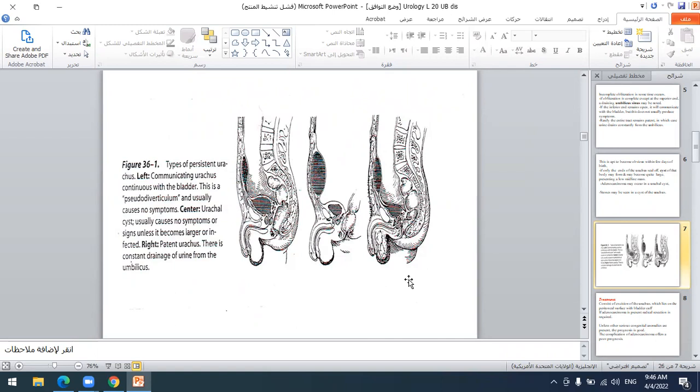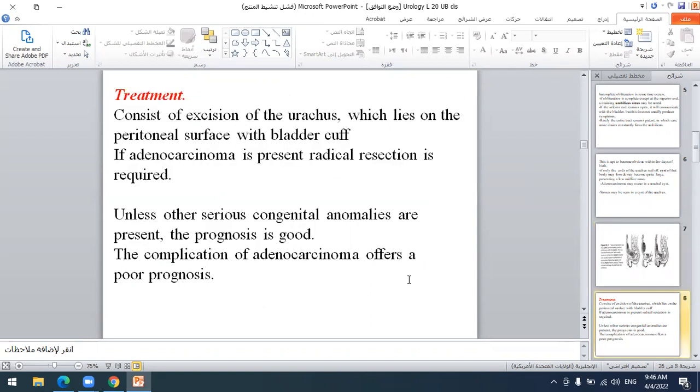After birth, it should be closed and fibrosed, but sometimes for some cause it closes from one side and remains open from the other, leading to enlargement, urine flow, sometimes infection, stone formation or a cyst. The patient at any age may come with drainage of pus or urine from the navel.